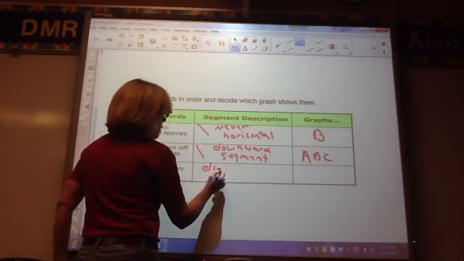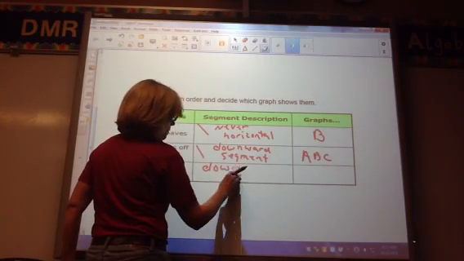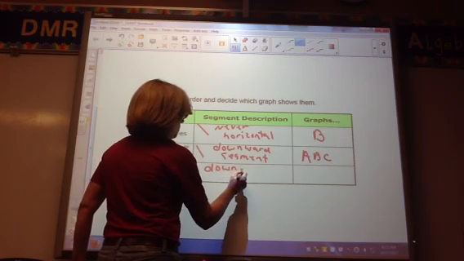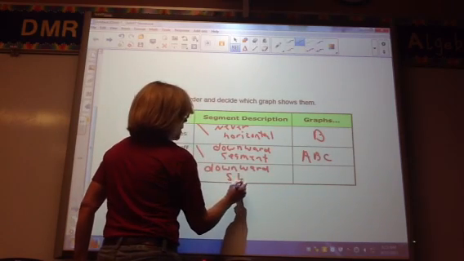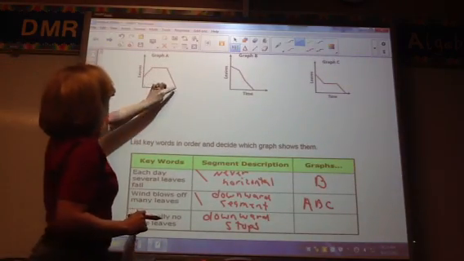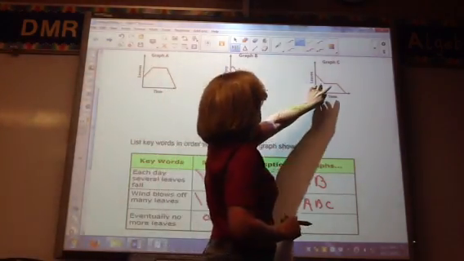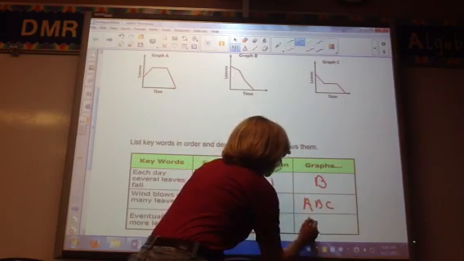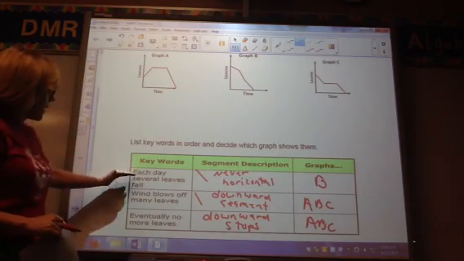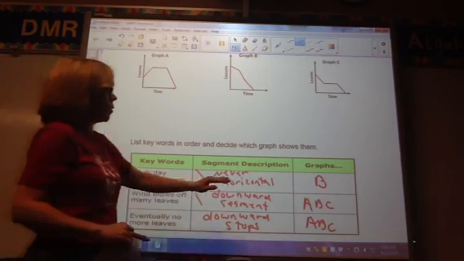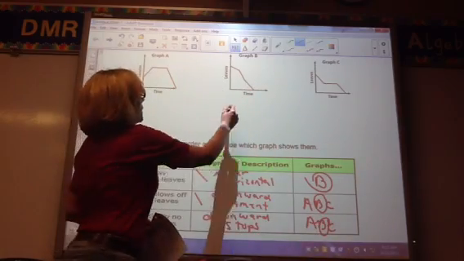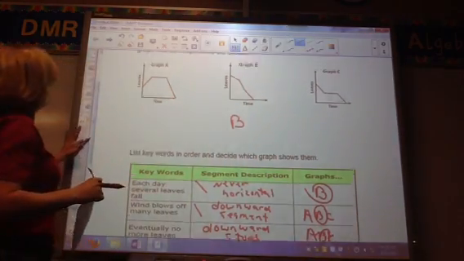So again, it's going to be downward until it stops. Okay, so which one of these graphs have downward till it stops? This is all three graphs. So when we identified the segments of the scenario, which graph had all that we needed? Graph B. So let's look at that.